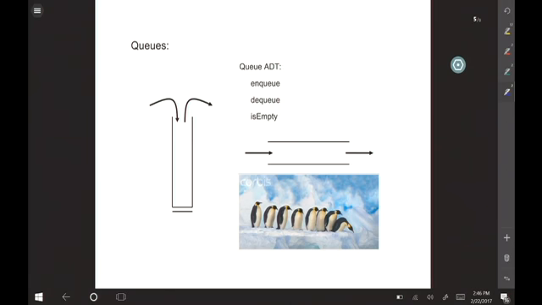The reason they're in the same chapter is because a queue is also a constrained access linear structure. For a stack, the constrained access, that is, both the entry and the exit to the structure is on one end.